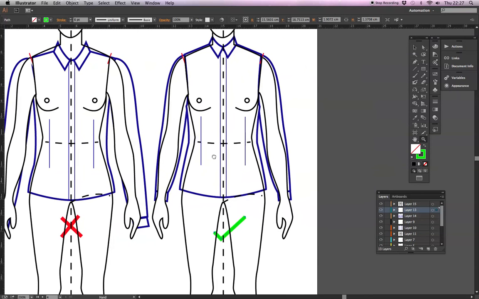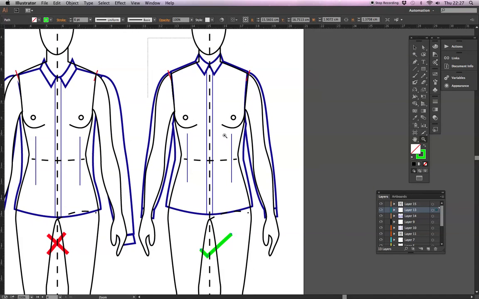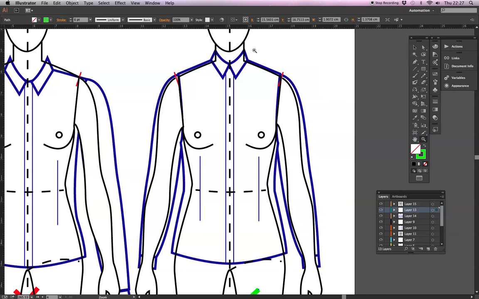If we look at the correct one now, we can see at the collar, it's a really nice shape around the neck, really lovely shape around the waist, and comes out with the hips, because obviously the hips are wider than the waist, so it needs to go out. And that again is because it is a slim fit shirt. If it wasn't fitted at all, it would just be straight, obviously.